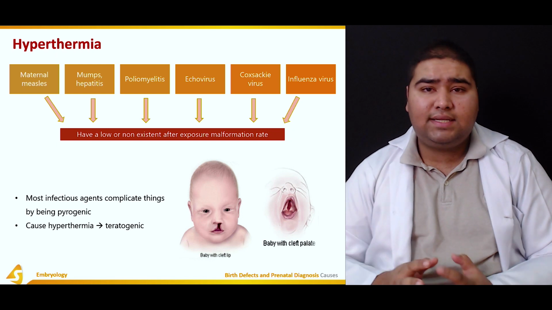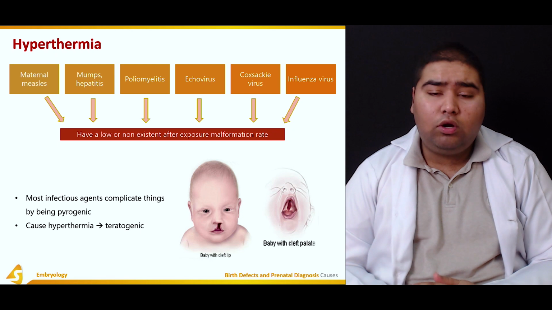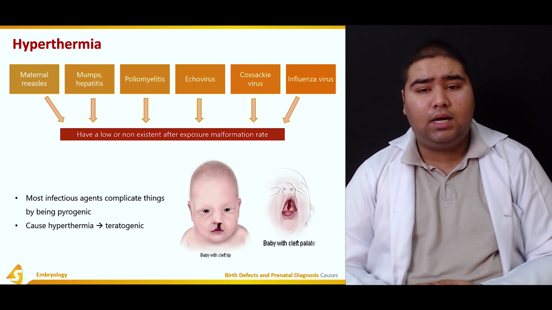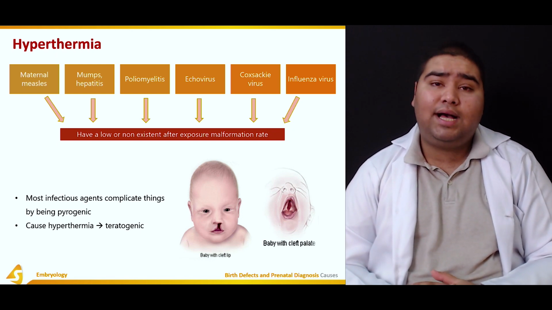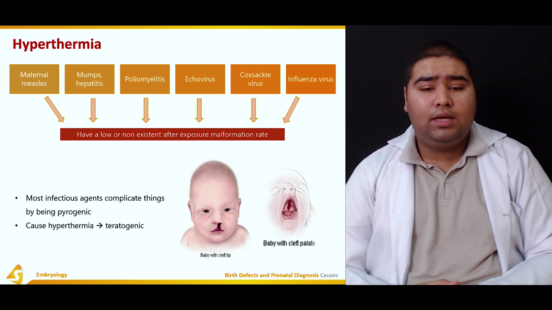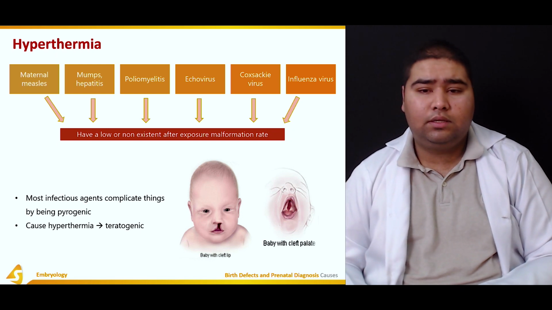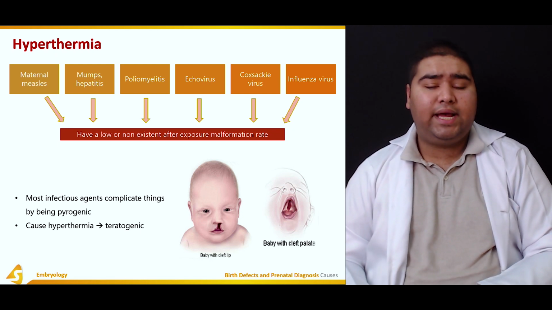So in all of these conditions, the teratogen is not maternal measles, mumps, hepatitis, etc. It's the hyperthermic conditions that these viruses lead to. They may lead to cleft lip or cleft palate. They can also cause spina bifida.